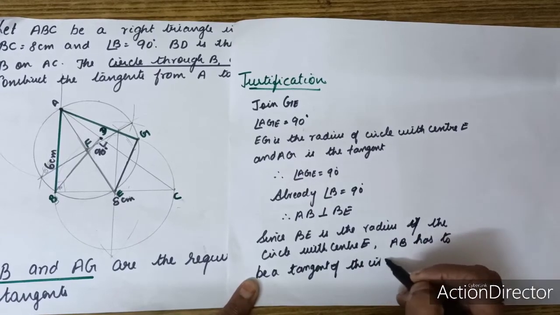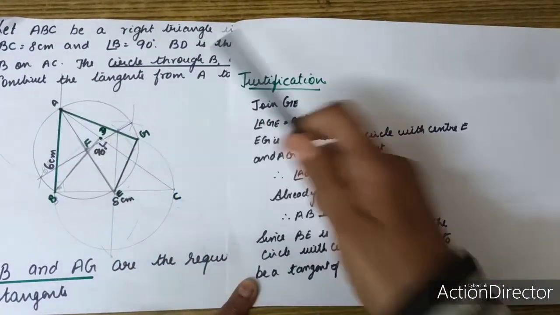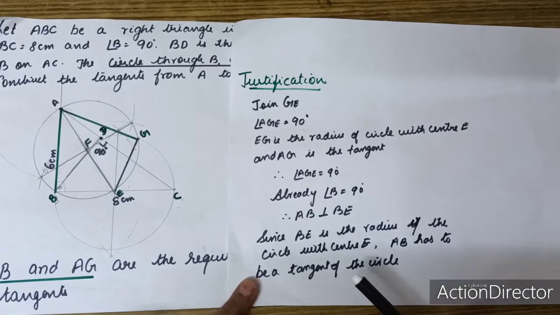So now we have proved that both AB and AG are the tangents for this circle. Hope you understood this justification.